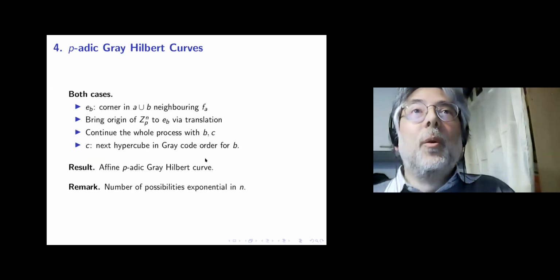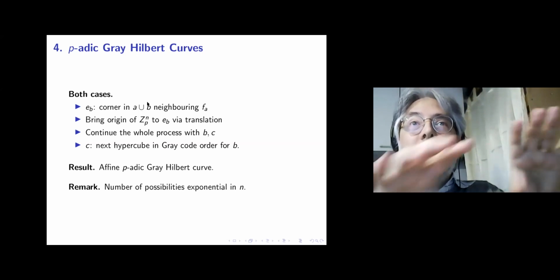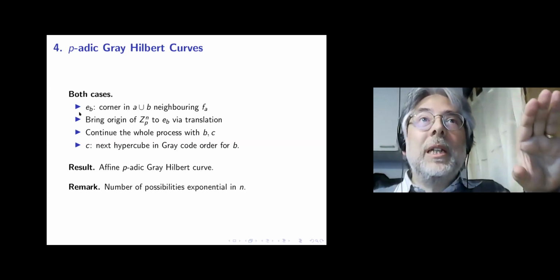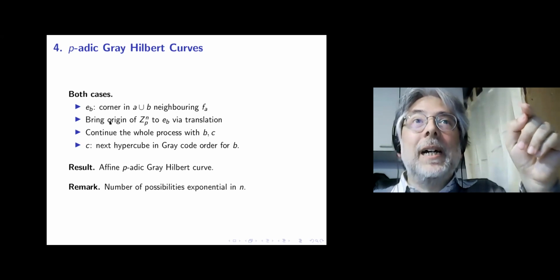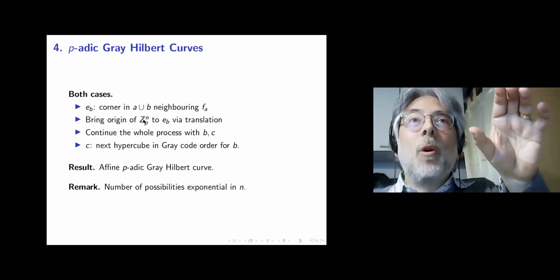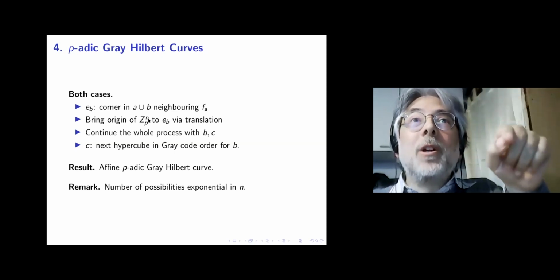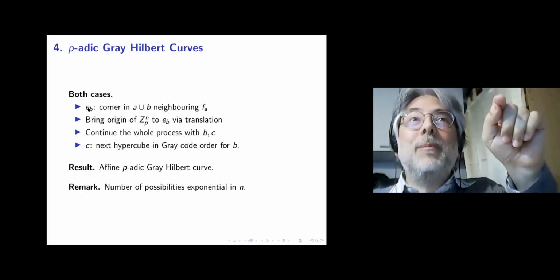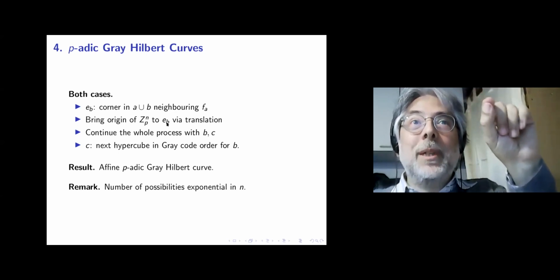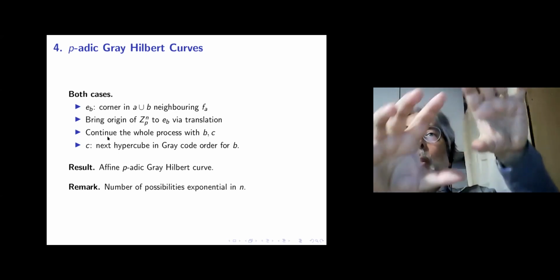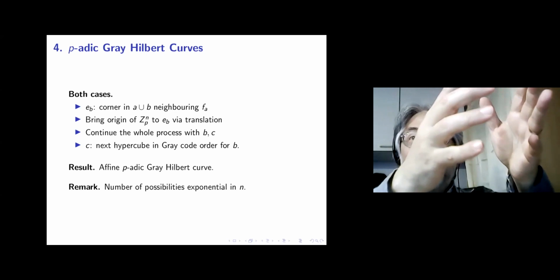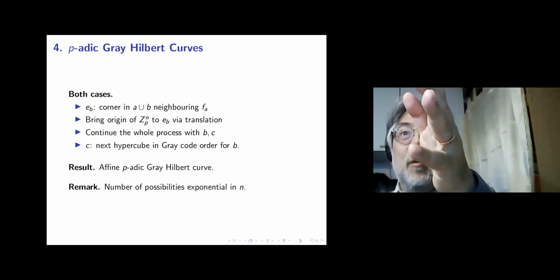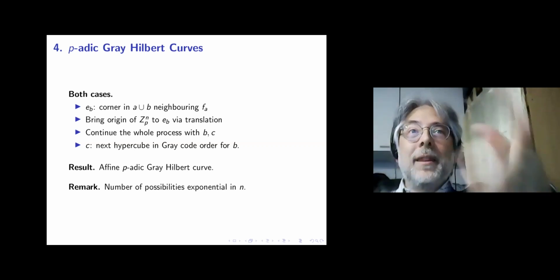And then you continue by taking the union of those two hypercubes, and EB is a corner which neighbors the endpoint of your previous Gray code that you had in E, and then you bring up the origin via translation, bring up the origin of this ZPN to that point EB, this chosen point EB, and then you continue the whole process with your second block of big hypercube B and the neighboring big hypercube C, and so on.